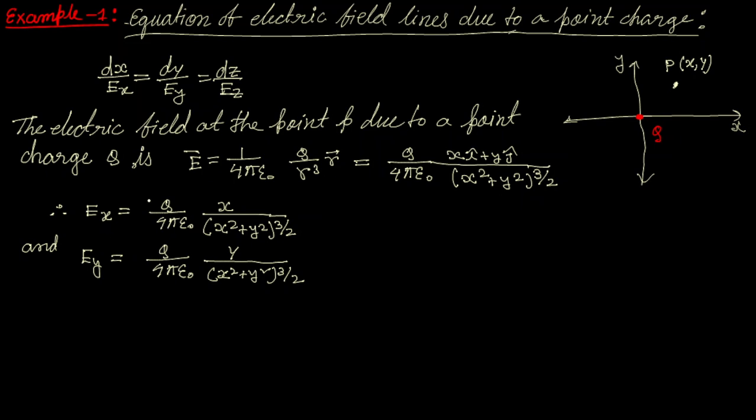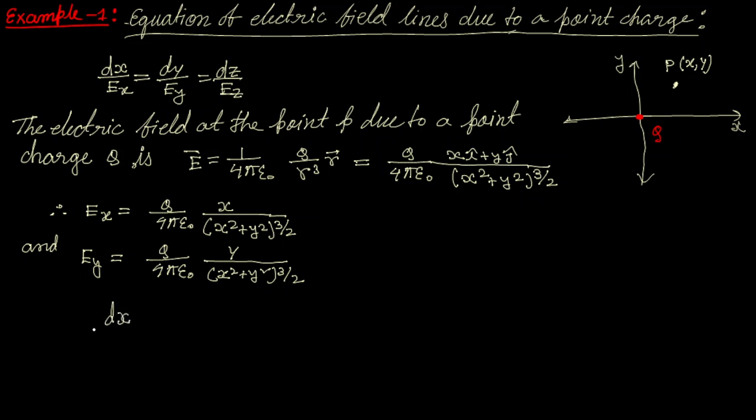So now we know the x component and y component of the electric field. If we put these values in the above equation, and if we take dz equal to 0, then what will we get?